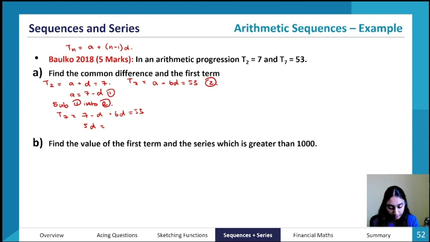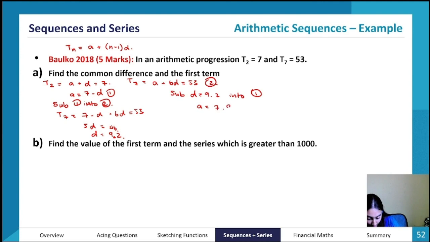53 minus 7, 46. So D is equal to 46 on 5, 9.2. Okay. Sub D is equal to 9.2 into the first equation. So A is equal to 7 minus 9.2, which is negative 2.2.